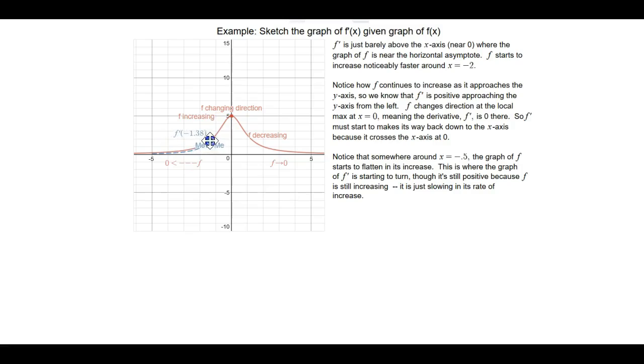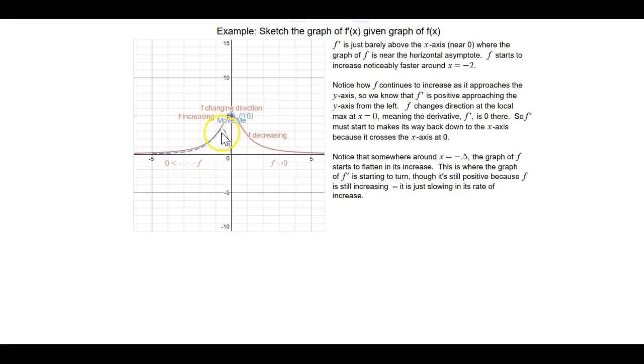At some point, it changes how it's increasing because it's going to a maximum. So you can see where it's increasing and continuing to get steeper, the derivative is going to be positive and increasing. But at some point, the derivative has to change direction because the graph is approaching this horizontal tangent line at the maximum.